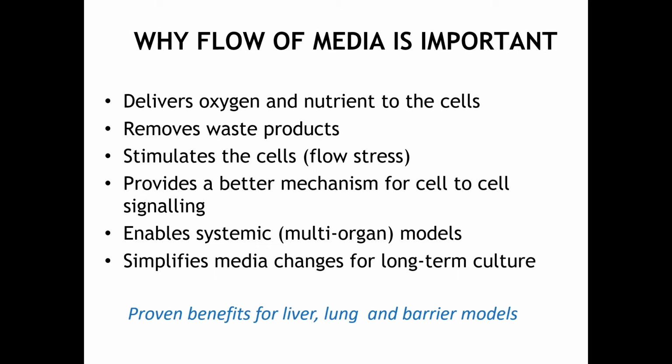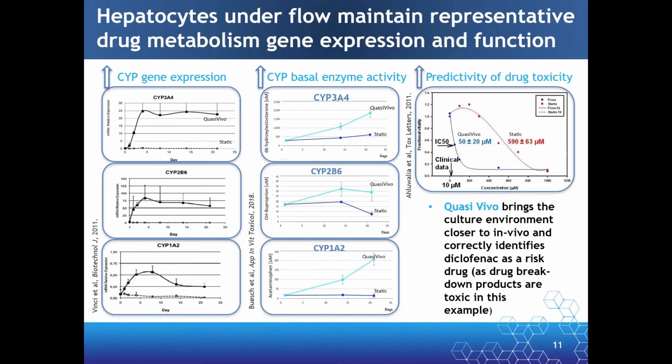So those are the sort of technical features which we hope are going to give benefits to these research projects. Now, the data we had previously mainly was on liver, but more recently on lung and barrier models. And just show you some of the data here very quickly on liver, because surprisingly, liver is quite a difficult culture to keep active, and human hepatocytes actually function very, very well under these gentle flow conditions.